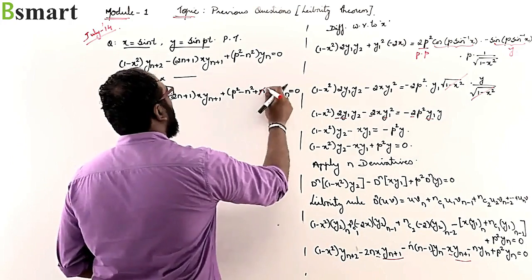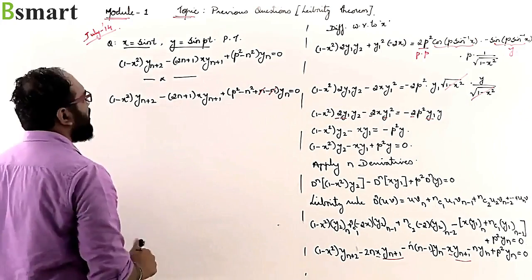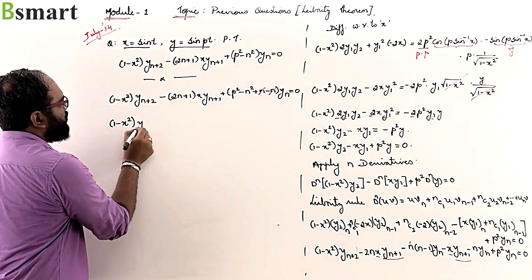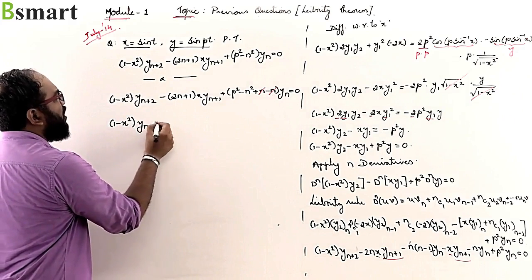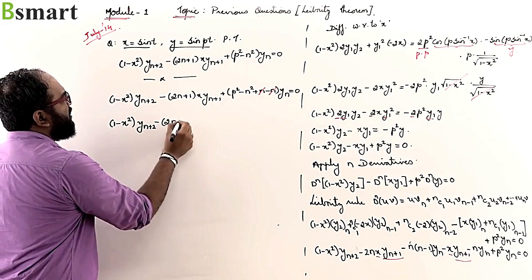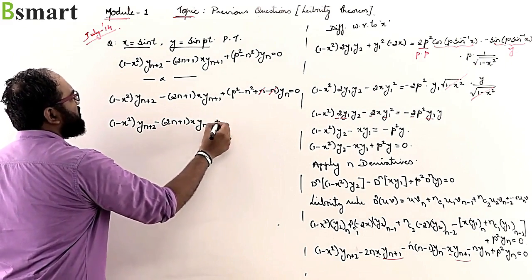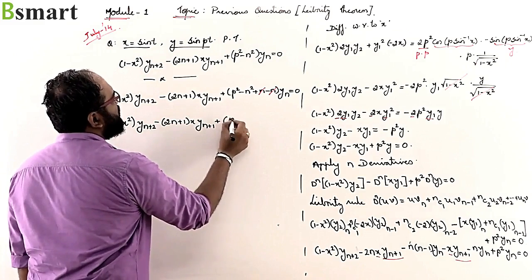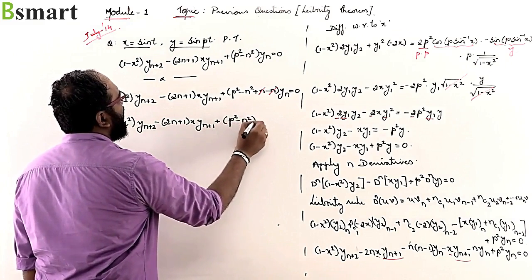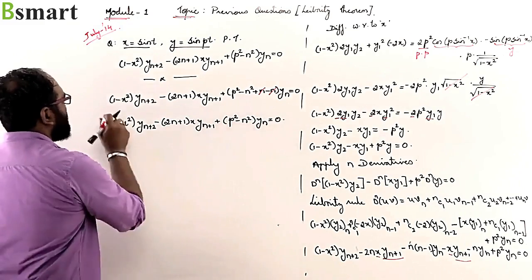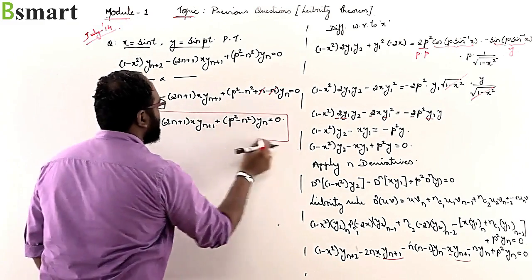So plus n and minus n will get cancelled. Then it is (1 minus x square) into y_(n+2) minus (2n plus 1) into x into y_(n+1) plus (p square minus n square) into yn equal to 0. So this is what we were asked to prove.